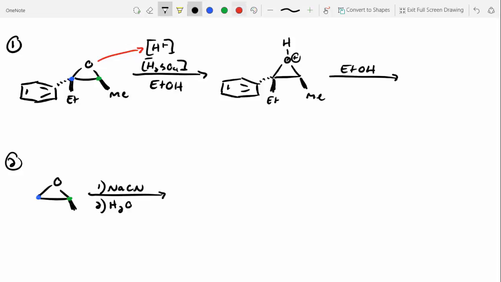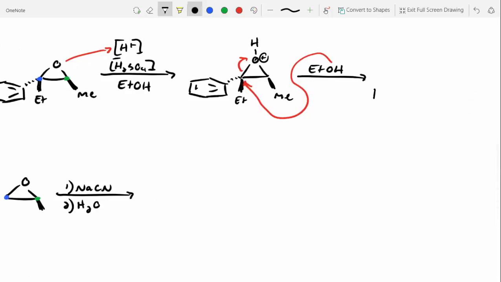There we go. Now we've got our ethanol. We said our ethanol is going to add into this more substituted side, which means this alcohol is going to be sticking up. The ethanol that got added in is going to be sticking down. That oxygen is going to be protonated. This methyl group over here got unchanged.